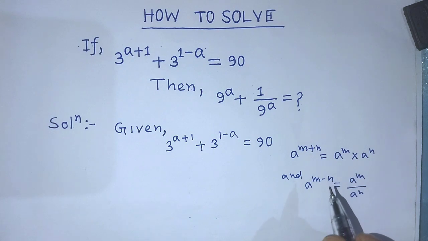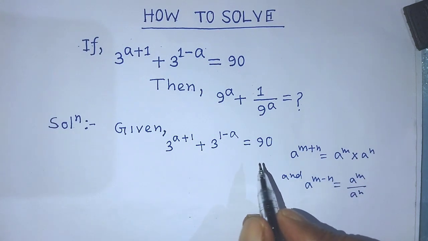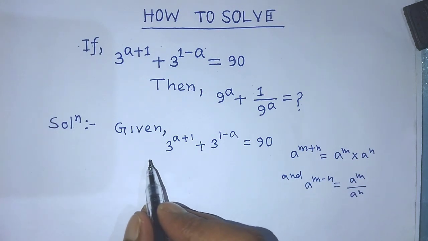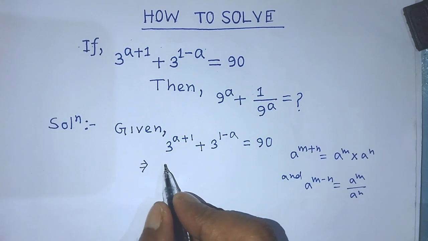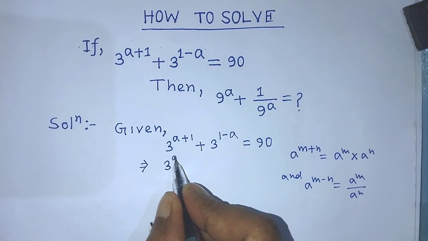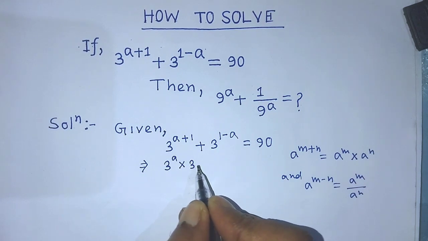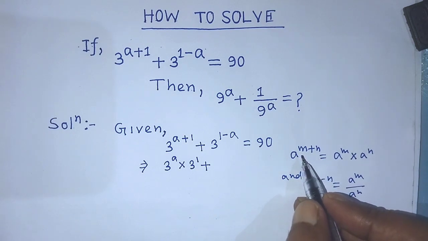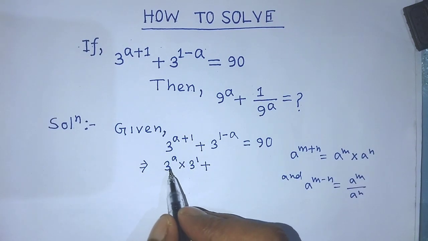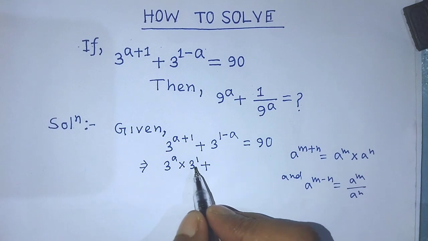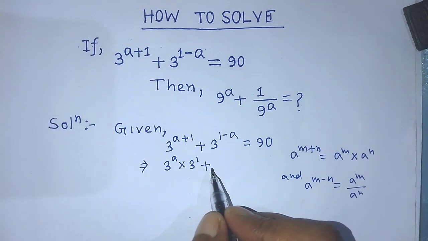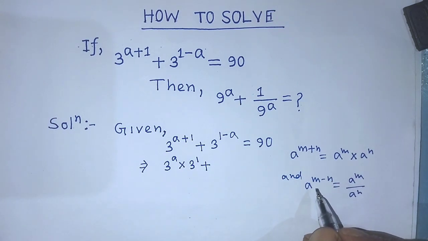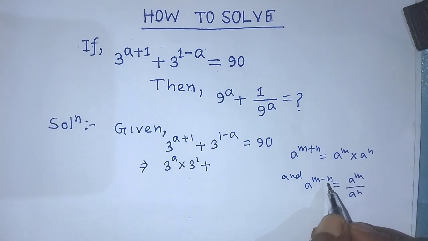So after applying this formula on the left hand side of this equation, we can write 3 to the power a into 3 to the power 1 plus, and in the second term we have to apply the formula a to the power m minus n is equal to a to the power m over a to the power n.